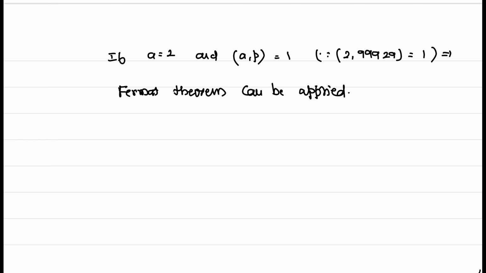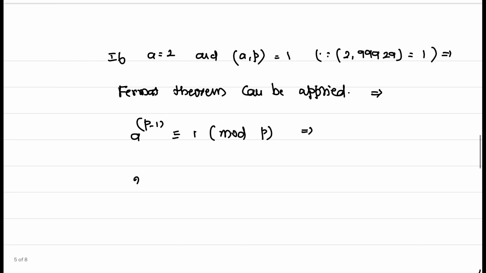Yes, the GCD is 1, then we can apply Fermat's theorem safely. What does Fermat's theorem imply? A to the power of p minus 1 is equivalent to 1 mod p.